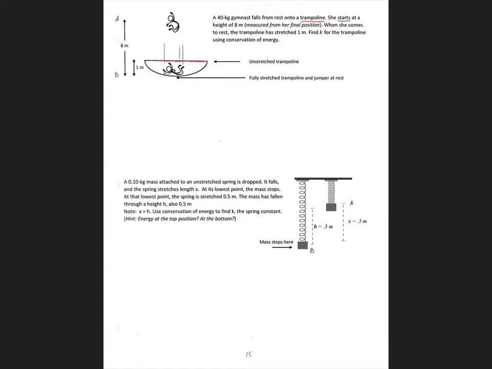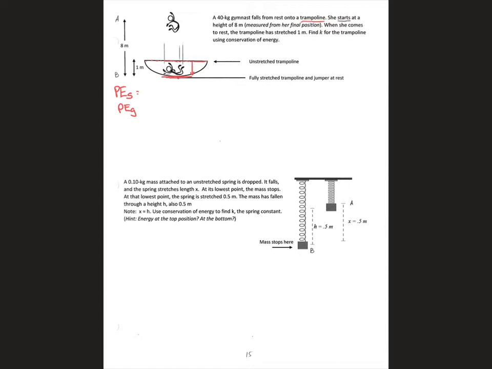But if you look back in your notes, the way potential energy of a spring works is that your zero is the maximum stretch of the trampoline, because that's really the lowest position you can be on the trampoline. Remember, potential energy due to gravity has to have a zero height, and potential energy of a spring is like the distance that you stretch.